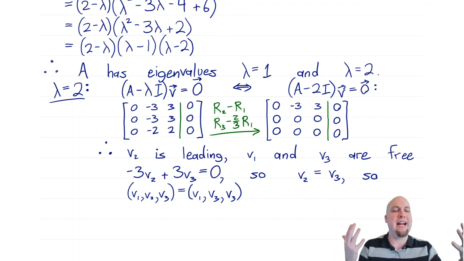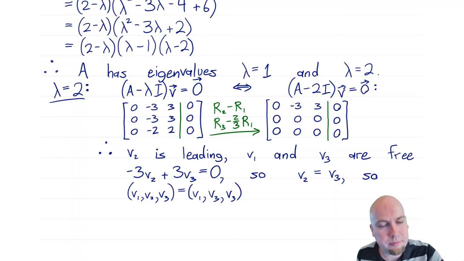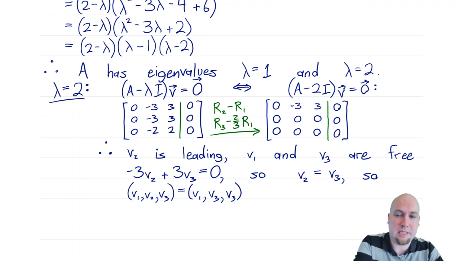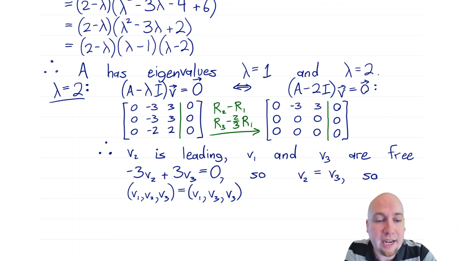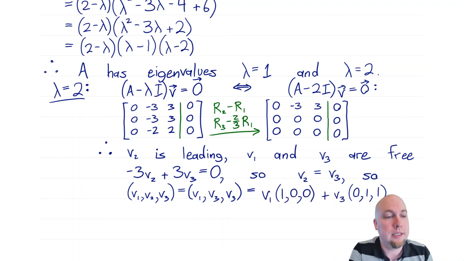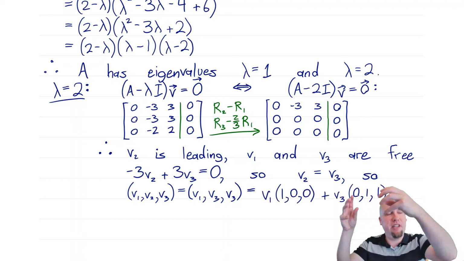And now I want to factor that. I want to write it as free variable times something. Here I've got 2 free variables, so the best I can do is free variable times something plus another free variable times something else. So I'm going to factor out v1 out of something here and factor v3 out of something here as well. And the way it works is you look at each entry and ask, how many of each free variable are here?